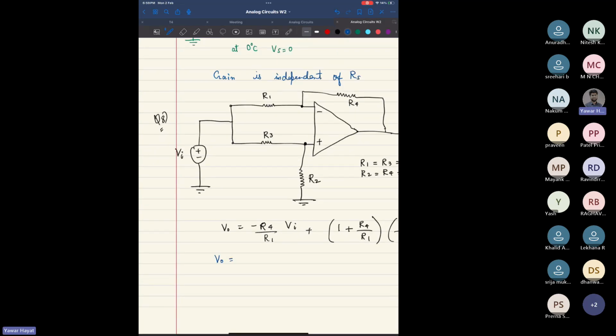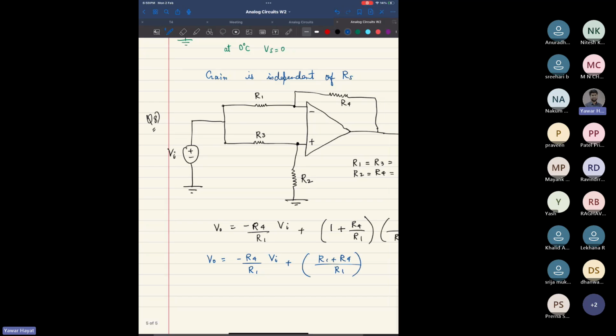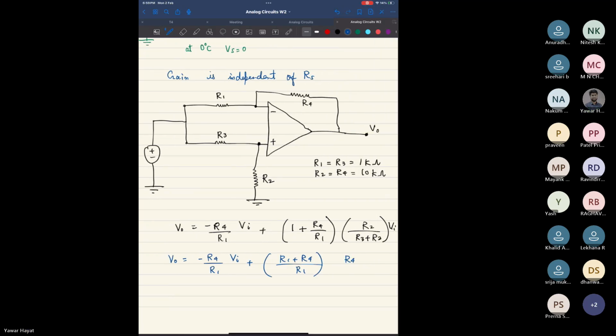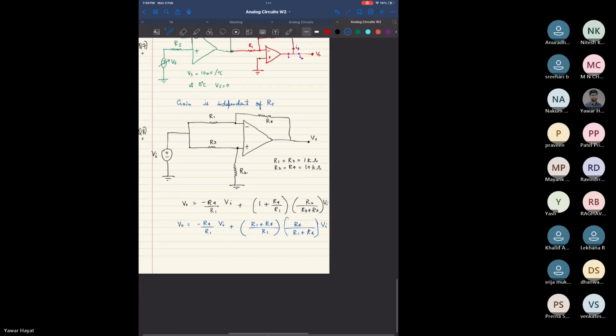Your V output would be equal to minus R4 by R1 times Vi plus R1 plus R4 all divided by R1, times R4 divided by R1 plus R4, times Vi. Right, I am just using this fact, R1 equal to R3 and R2 equal to R4.